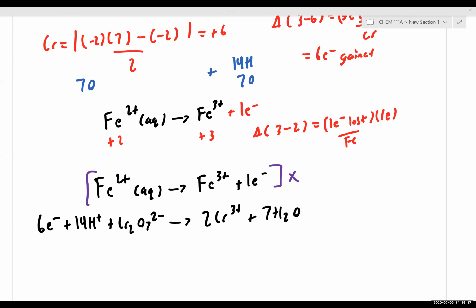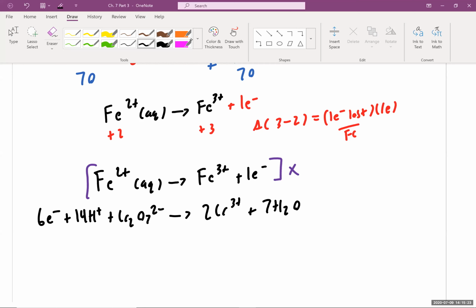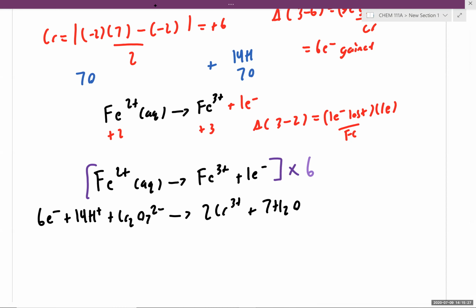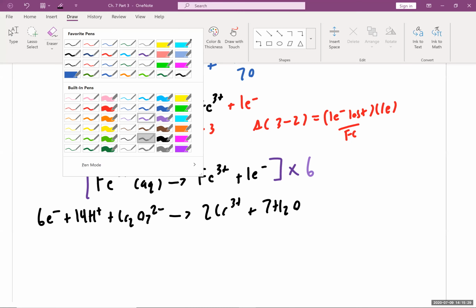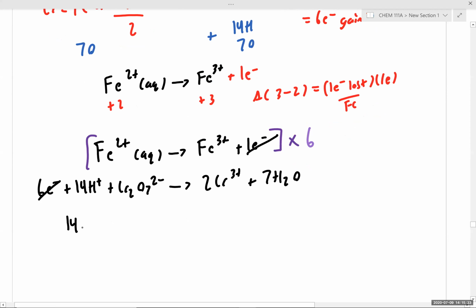So how many electrons does iron have to lose? 6. So then we're going to multiply the top equation by 6. And if we add our equations together, the electrons cancel. That gives us 14H+, Cr2O7 2-, plus Fe2+.